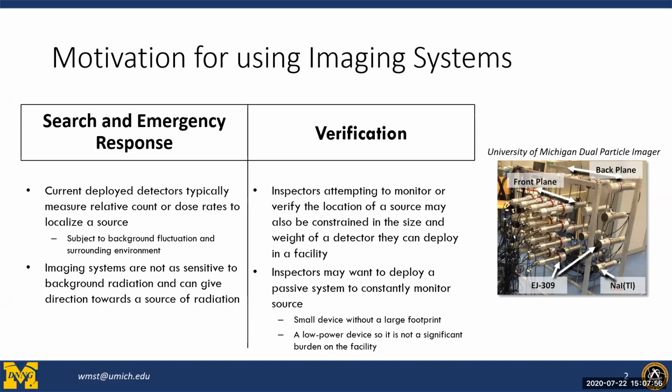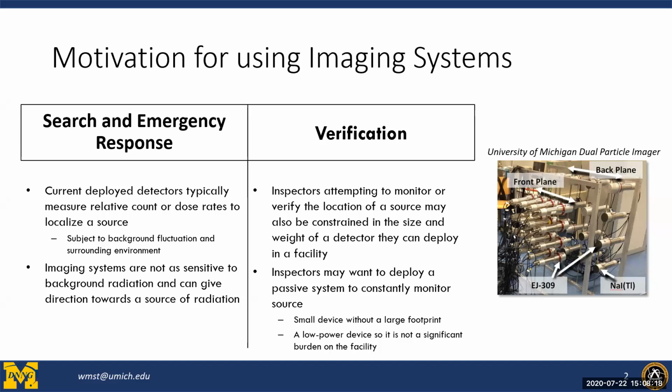As you move closer, it gets much, much stronger. However, that's very subject to background. And if there's any direct shielding or indirect shielding, things of that nature that can change and fluctuate that surrounding environment, versus imaging systems are not necessarily as sensitive to that and can still localize on sources.